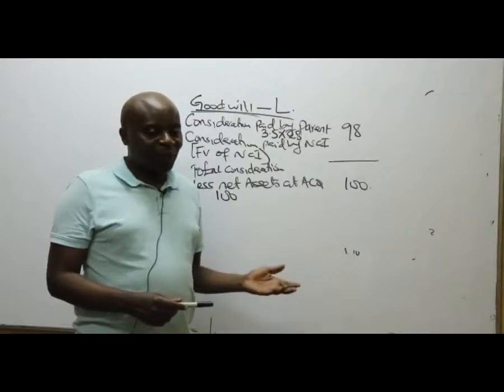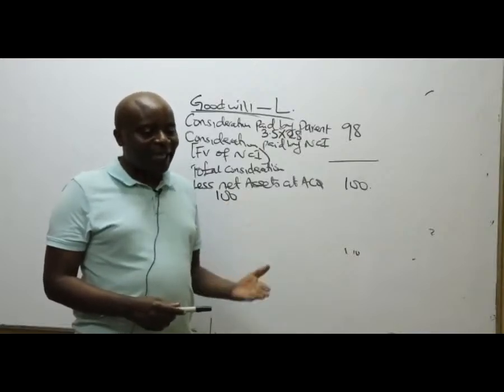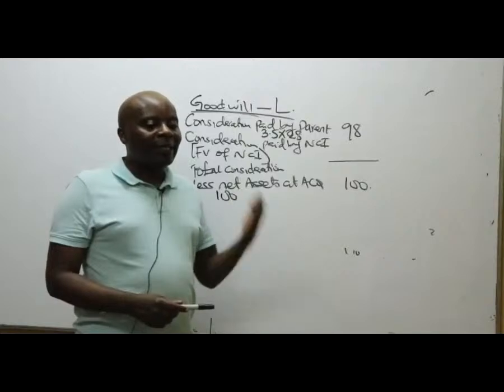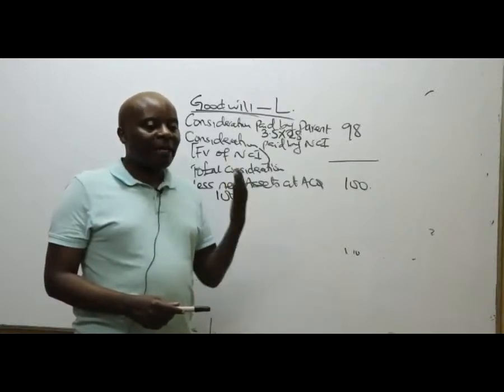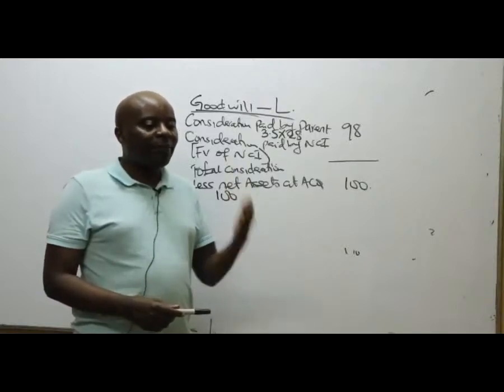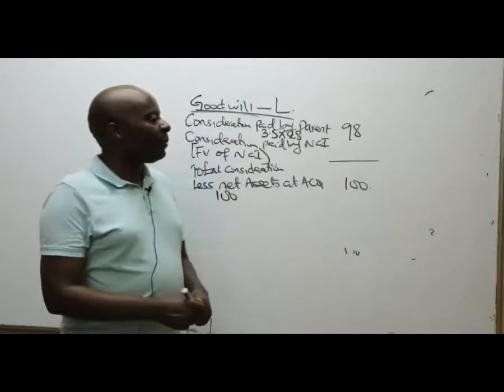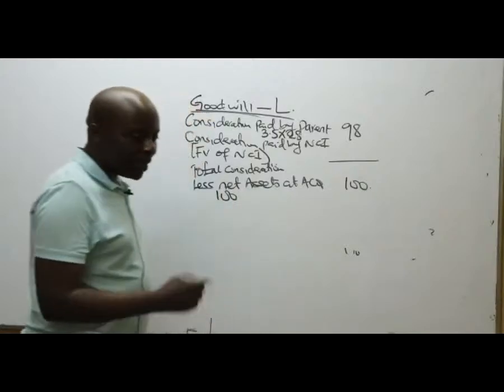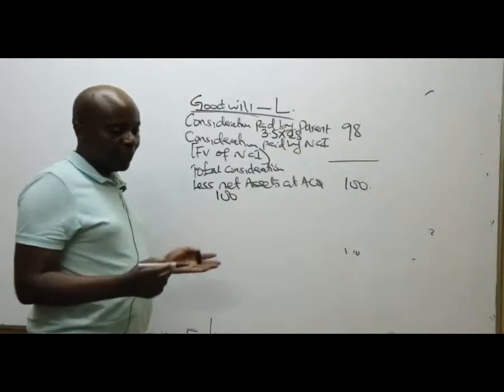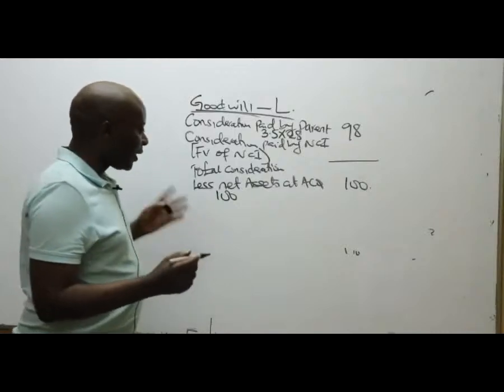First of all, do we know the percentage of L that the parent bought? The parent bought 75%.